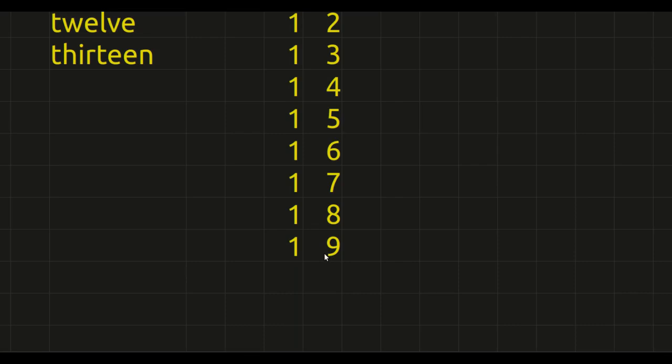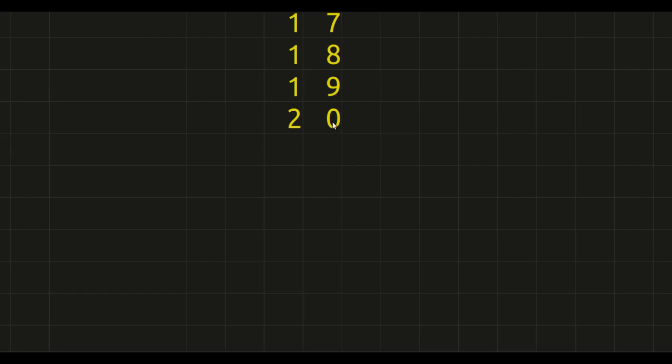Next, we are going to use our next symbol in the second position, that is, here we are going to use 2, and then again we are going to repeat all of our symbols in this position, starting from 0. So here we get another number, 20.